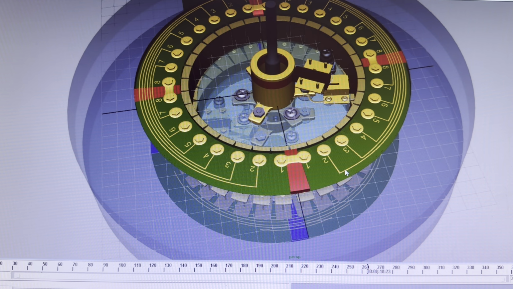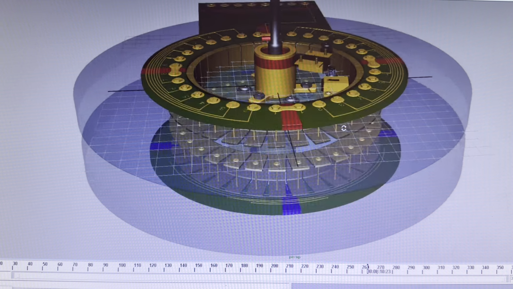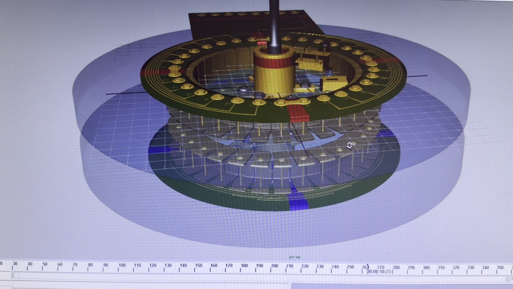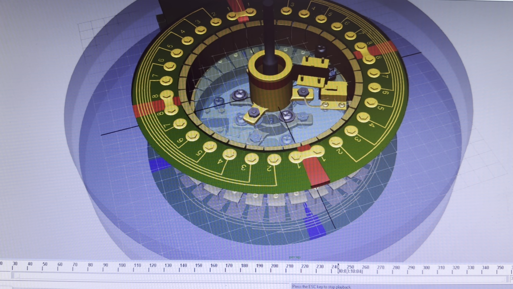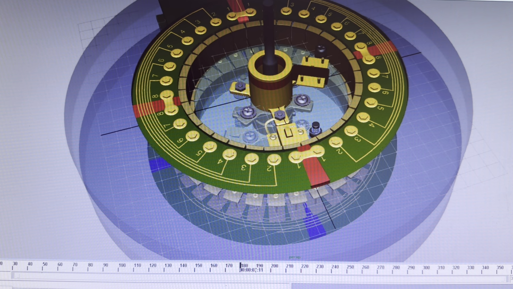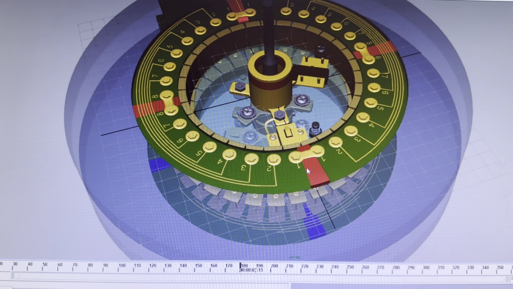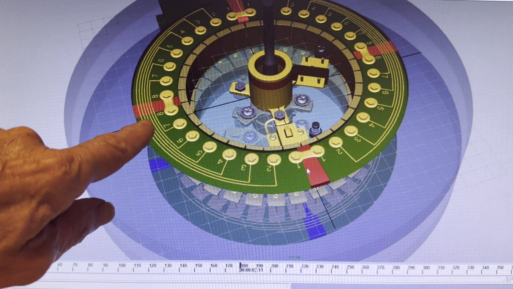So let me get some motion here so you see that it's still going clockwise, and no matter what, it's going into the negative quadrant. So it gets all the way up to number 1 again, and now it's going to enter a positive or forward quadrant.